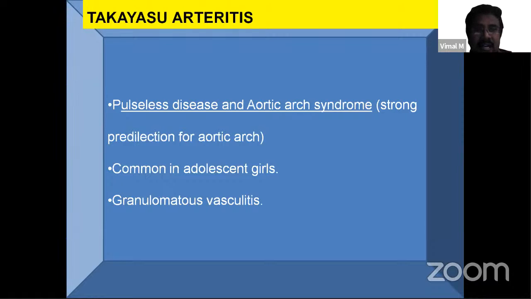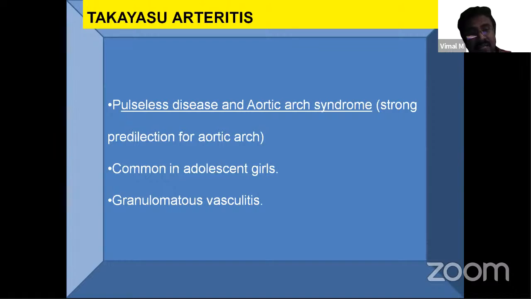The other names for Takayasu arteritis are pulseless disease and aortic arch syndrome, and it has a strong predilection for the aortic arch. The name itself is aortic arch syndrome. It is a common disease in adolescent girls.